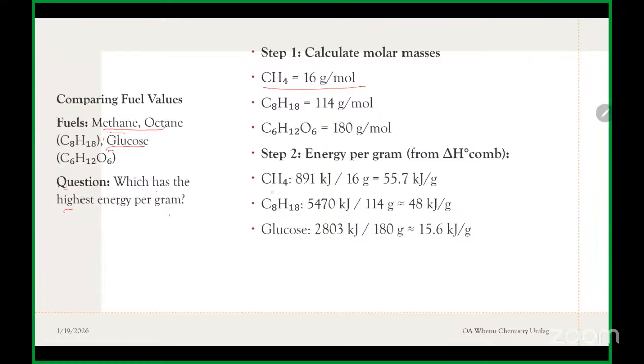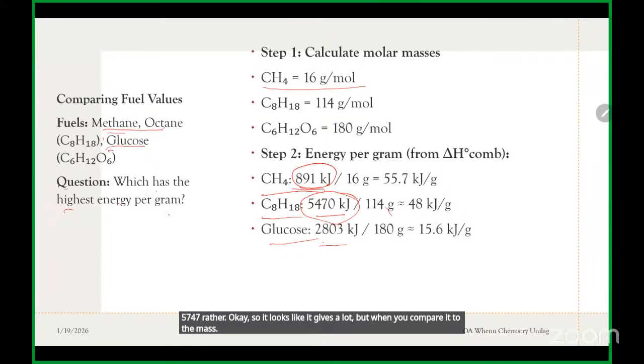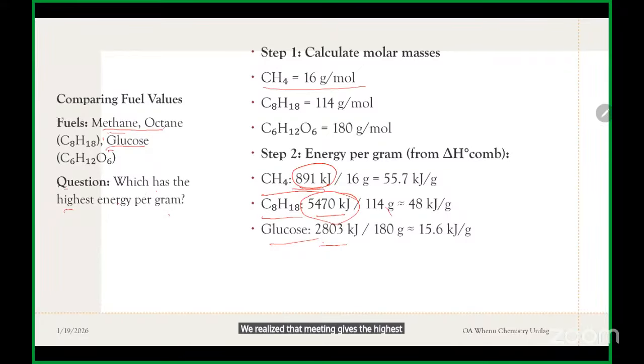From delta H of combustion, methane gives 89.91 kilojoules, octane gives 570 kilojoules, and glucose gives 5,470 rather. So it looks like this gives a lot, but when you compare it to the mass, we realize that methane gives the highest energy per gram, 55.48.